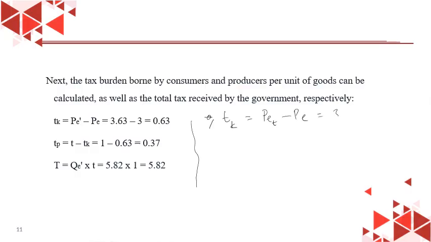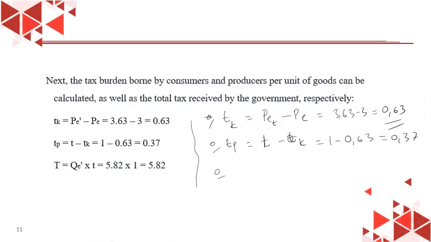So this one is 3.63 minus 3, 0.63. So the consumer has a part to pay of the tax, and the producer must pay the rest, because this one is the tax per unit. Then it is 1 minus 0.63, so it is 0.37.